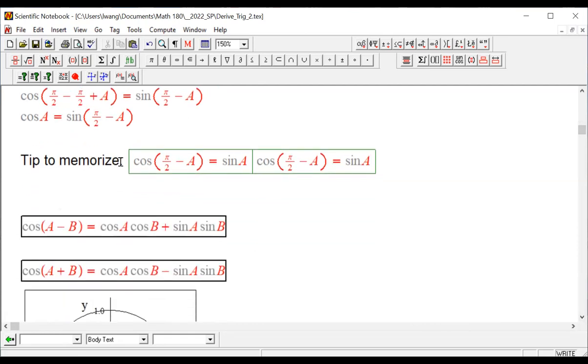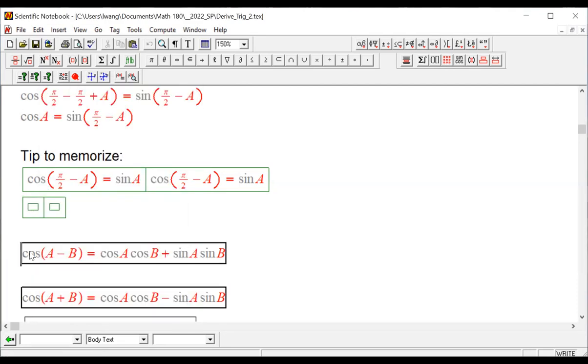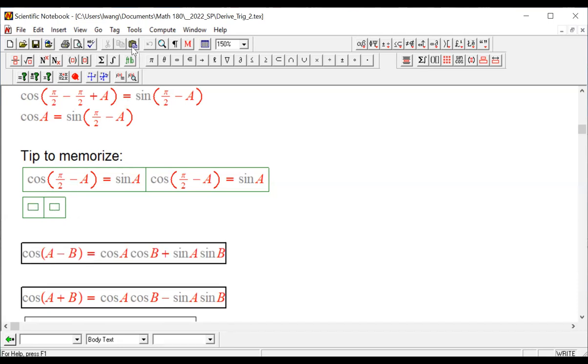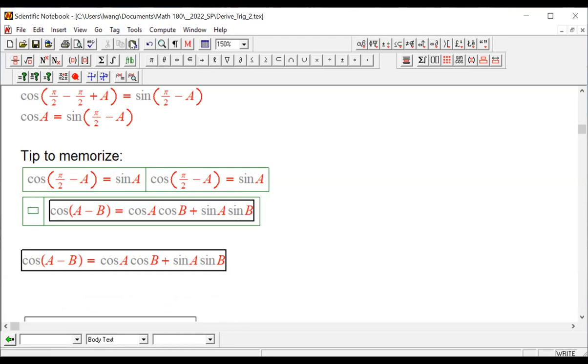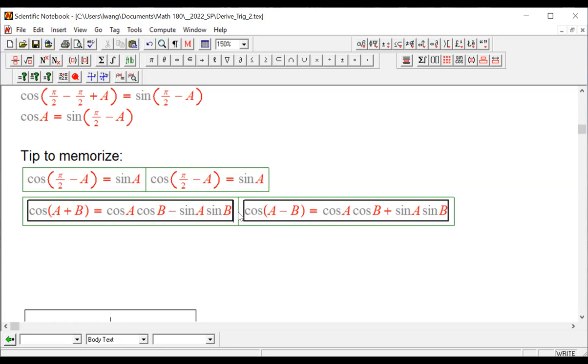I'm going to give you some geometry tips, right? So far we have all of these, and we have also got that. So this piece over here and that piece over there. So we have 4 of these identities.